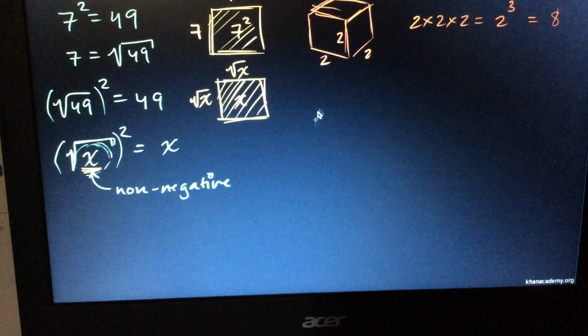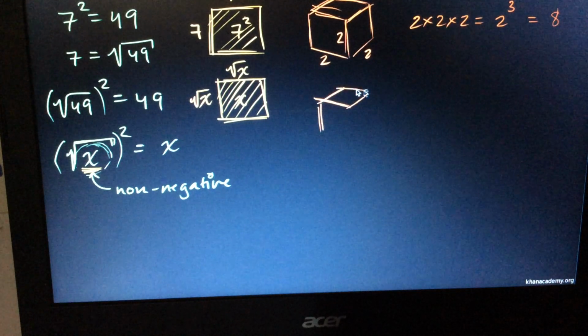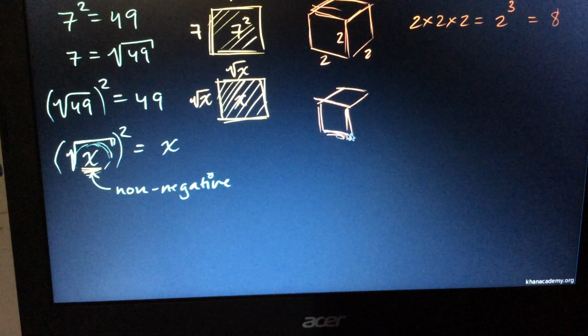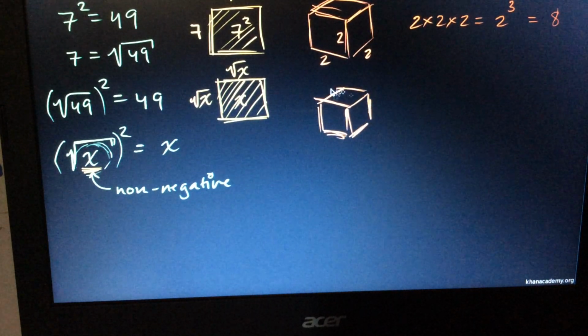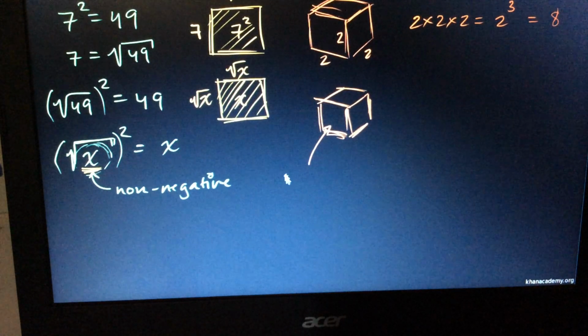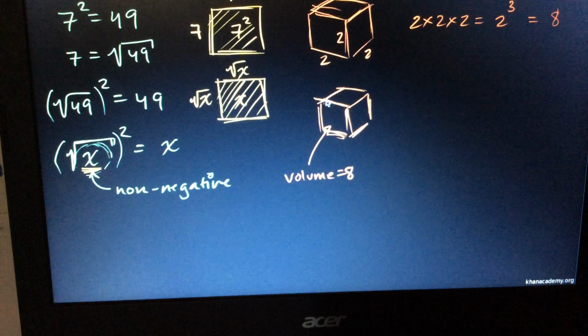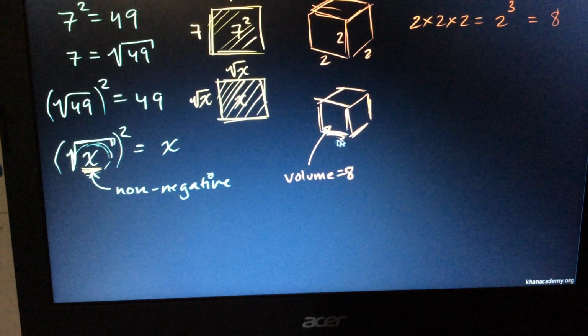But what if we went the other way around? What if we started with the cube's volume, and let's say the volume here is 8 cubic units, so volume is equal to 8. And we wanted to find the lengths of the sides.